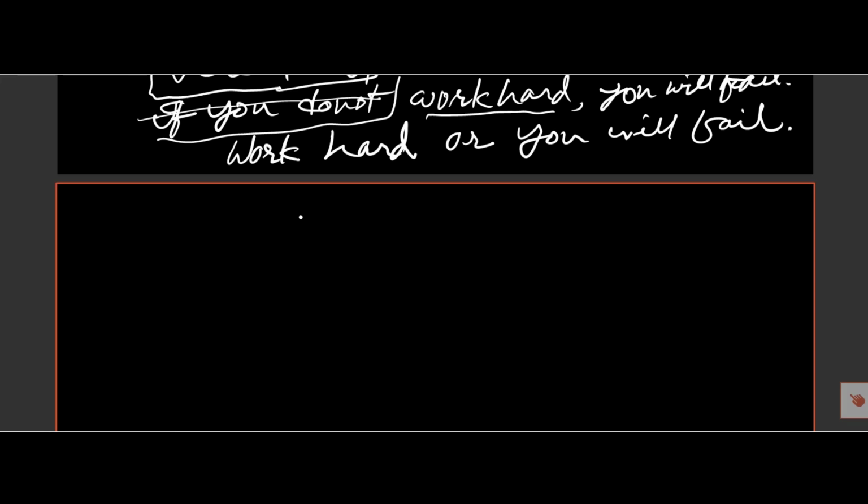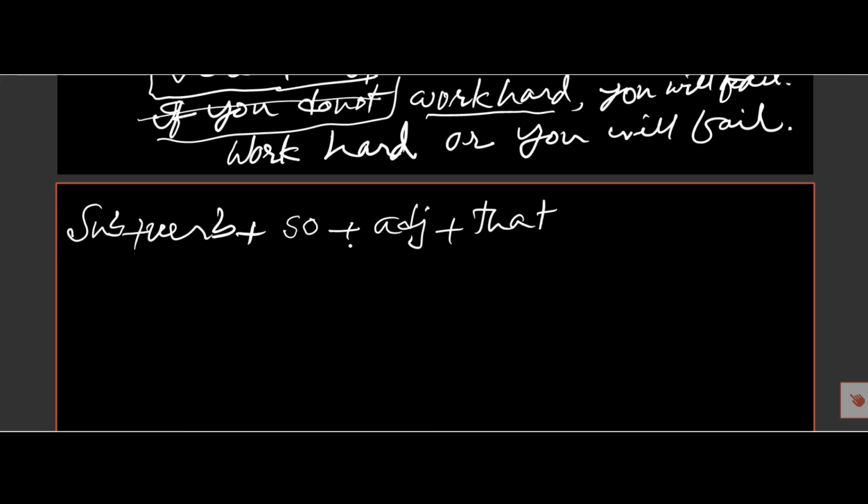If there is so plus adjective plus that in a complex sentence, there is subject, verb, this is a part, and then here is also a part: subject, cannot or could not, and the other verb or object. So this is the structure of a complex sentence.